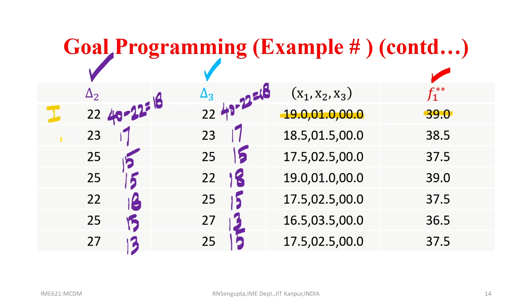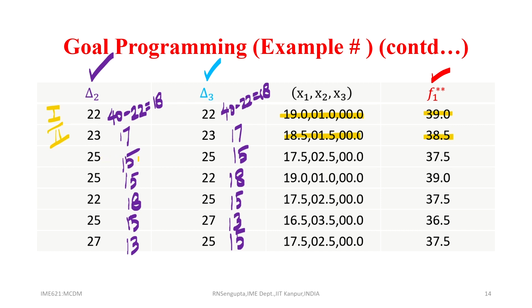Then I take case 2, which is 23, 23, that means 17, 17 less than equal to for the second last constraint and last constraint. The values come out to be for x1, x2, x3 as 18.5, 1.5, 0 and the value is 38.5 for the objective function.